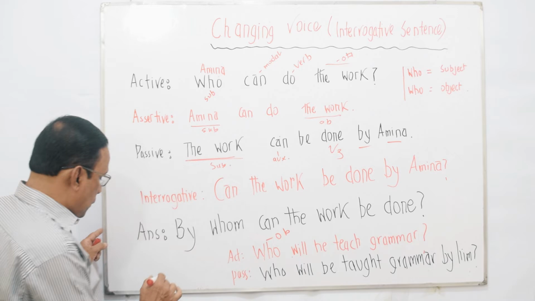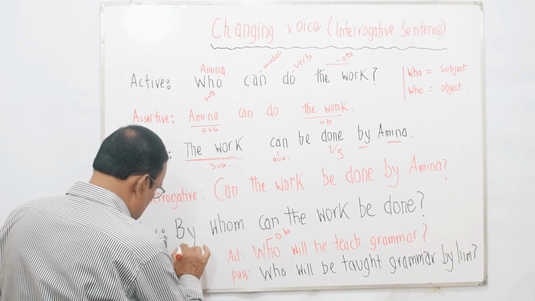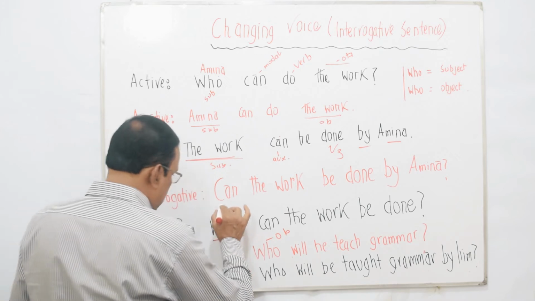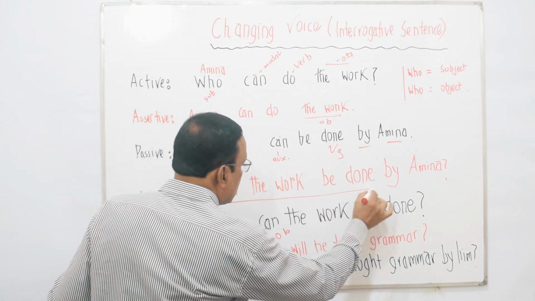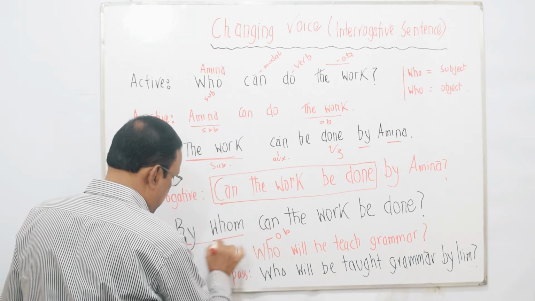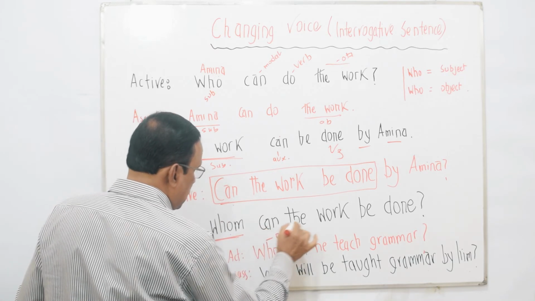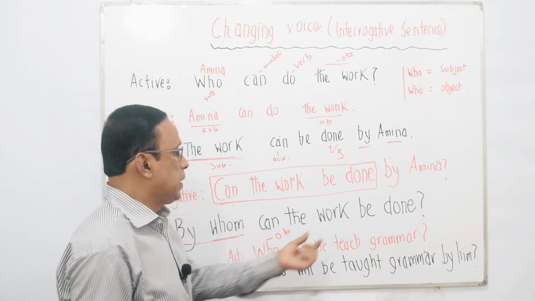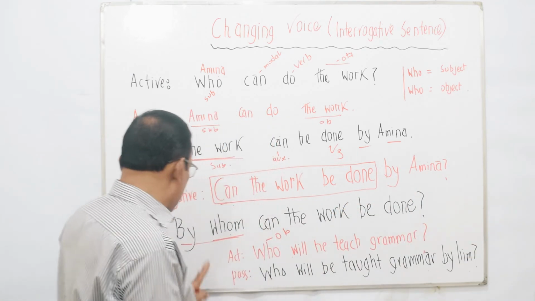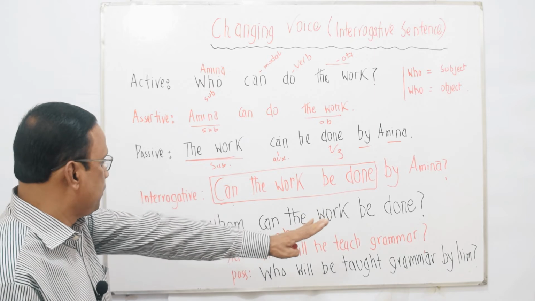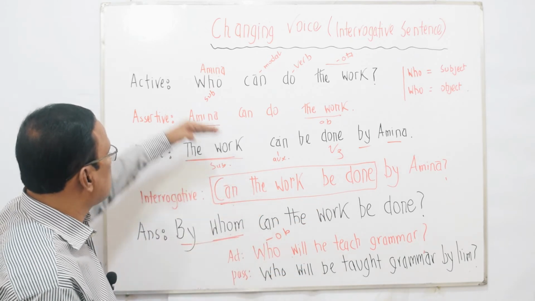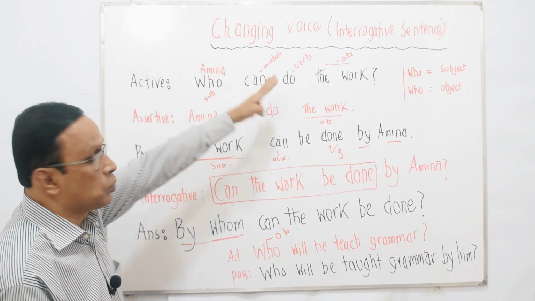You write down these two words, by whom, and add this part from here until here. By whom can the work be done? This time, leave this preposition and its object out of the sentence. So, by whom can the work be done is the passive for the sentence who can do the work.